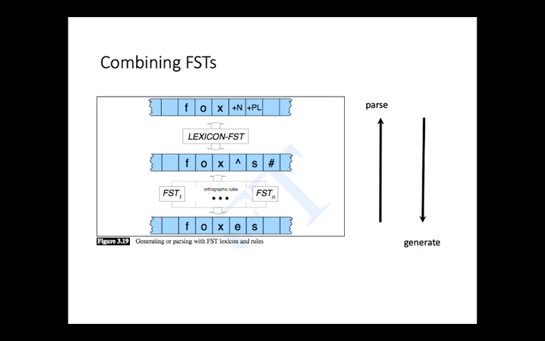So we can go through these two FSTs to get from the lexical form to the intermediate form to the surface form, or the reverse. So if we go this way, we generate. If we go down, we generate. If we go up, we parse.